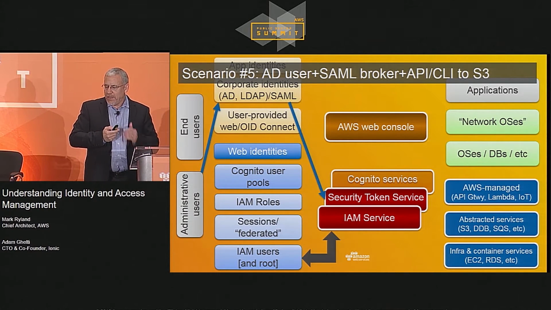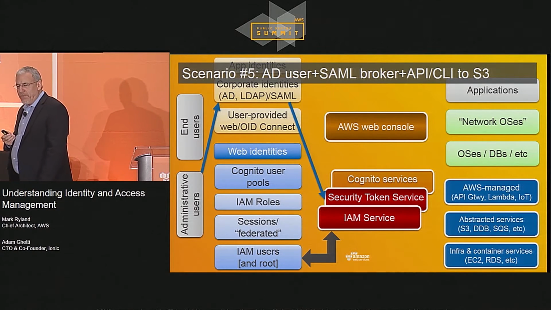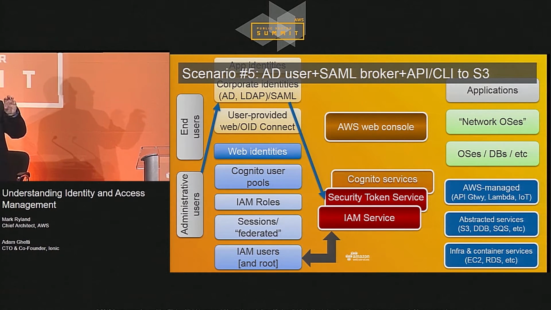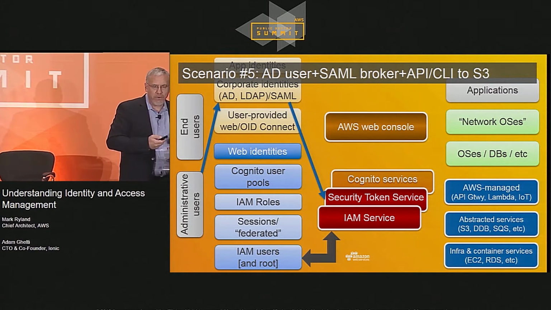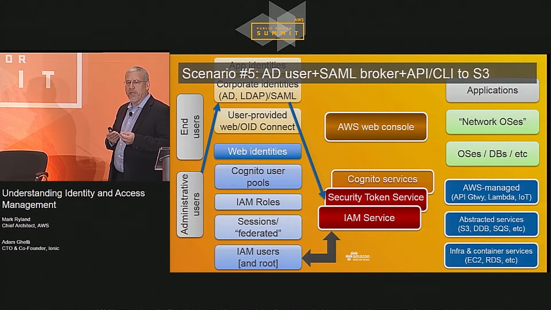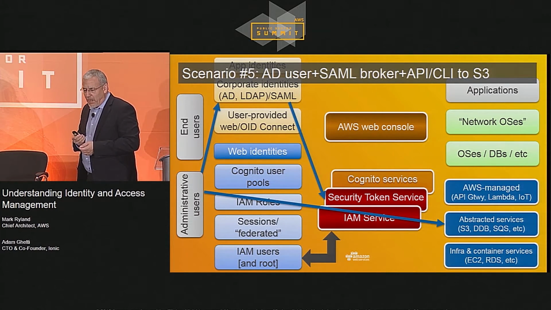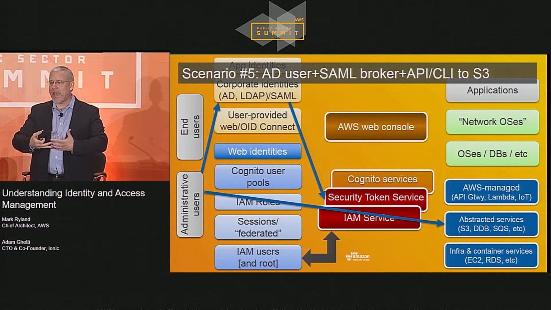In this case, I'm going to use an Active Directory user. In this case, there's actually code running there that's going to create a token explicitly using code that the user's written or that the administrator or the application's written. It'll create that security token with a policy embedded in it. I'll access S3, and in this scenario, all three of those policies would have to agree to allow access.